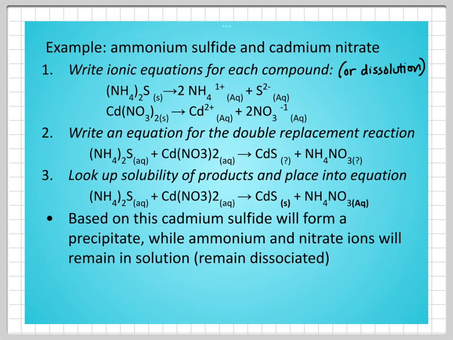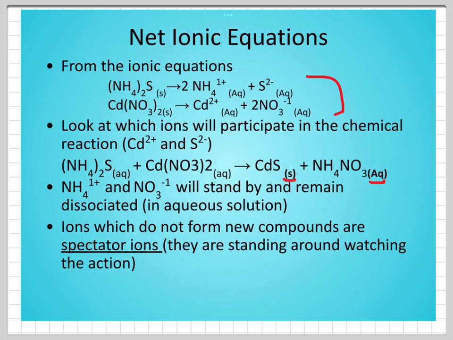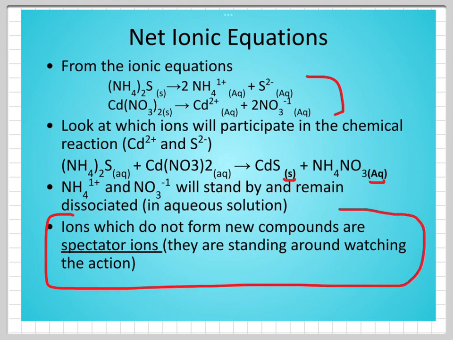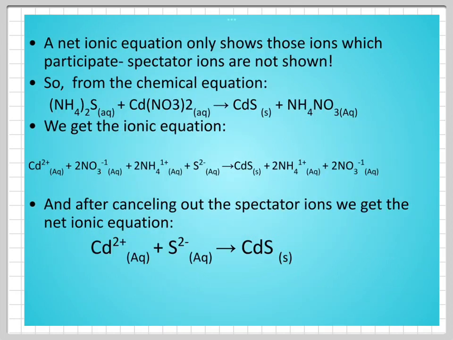Well, we know from our last slide that the ammonium and nitrate ions don't form a solid compound. They stay dissociated. Any ions that don't form new compounds are what we call spectator ions. They're just standing around watching everybody else do stuff, not doing it themselves. We cross those out to get to our net ionic equation.